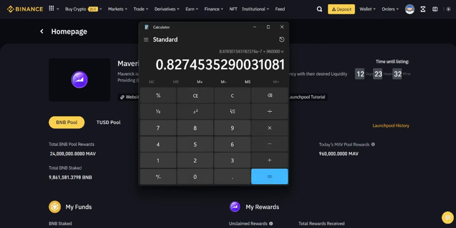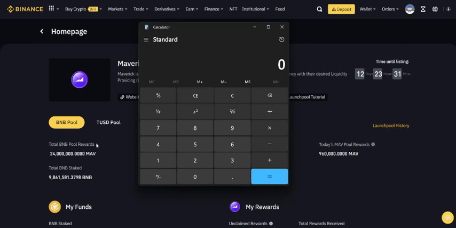Yes. So in one day, I'll be earning 0.82 MAV tokens. Now I have like 24 days to farm Maverick tokens, so I will multiply this by 24. So in essence, I am going to get 19.85 Maverick tokens if the staked amount hovers somewhere around this amount.